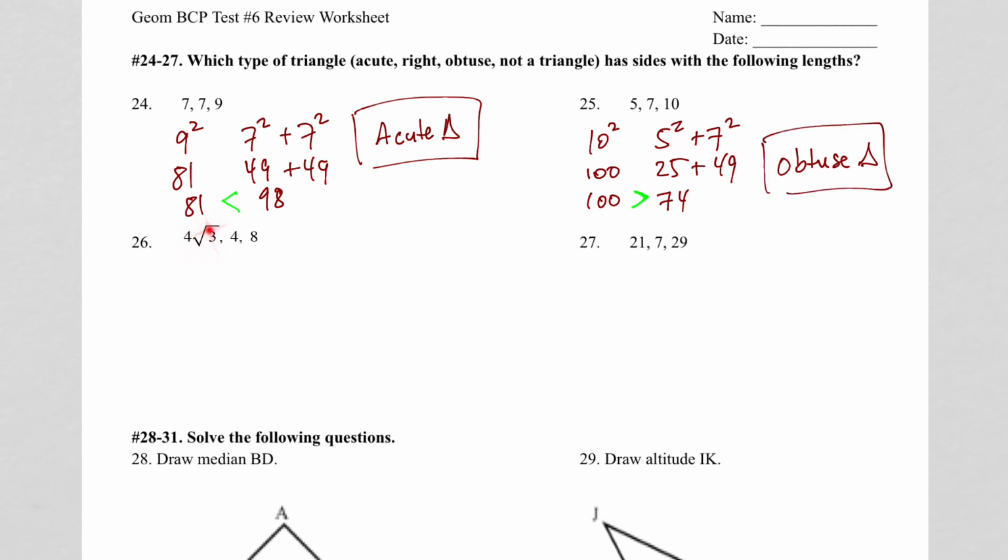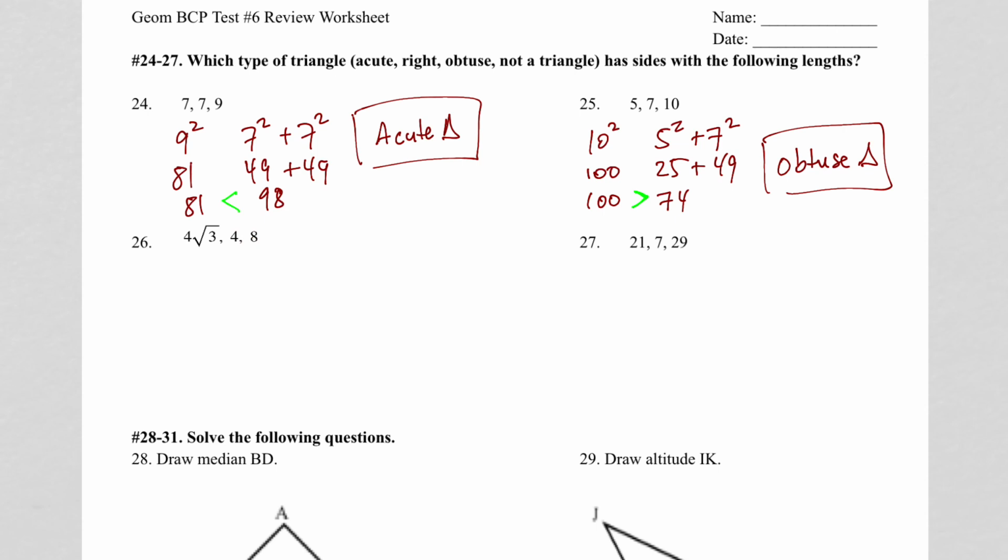Okay, we know that this is bigger than the 4, but if you're not sure which is bigger between this and this, just stick this in your calculator. 4 times the square root of 3 gives you about 6.9. So I know that this is shorter than this. Then 6.9 plus 4 is bigger than 8. So I know that this is a possible triangle. But I'm going to compare these two sides with this.